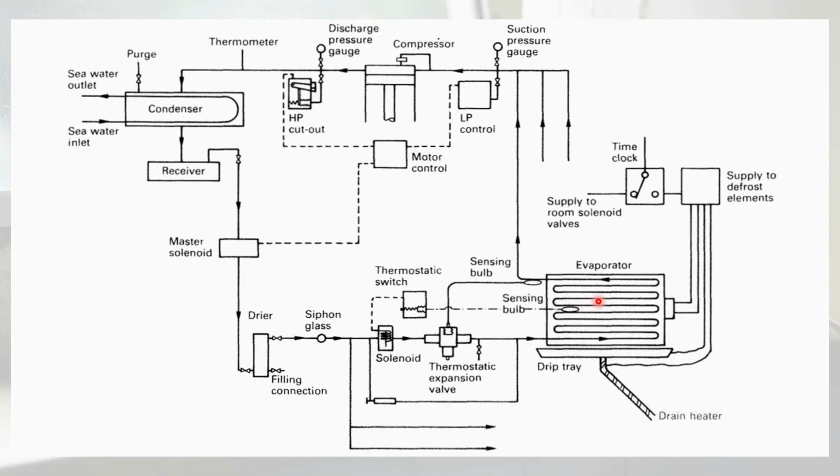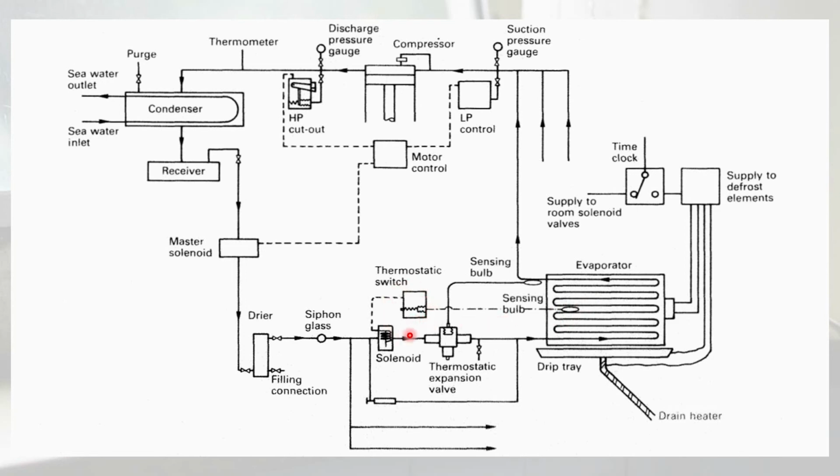That means, suppose the evaporator temperature is set at minus 4 degrees centigrade. When the temperature of the evaporator is increasing, say the temperature moves from minus 4 to minus 3, then this bulb senses that rise in temperature and sends a signal to this thermostatic switch.